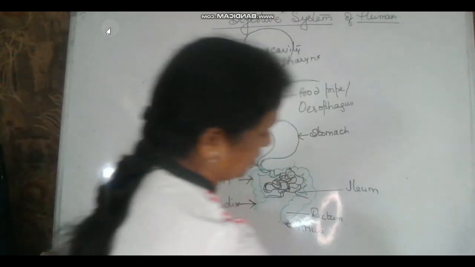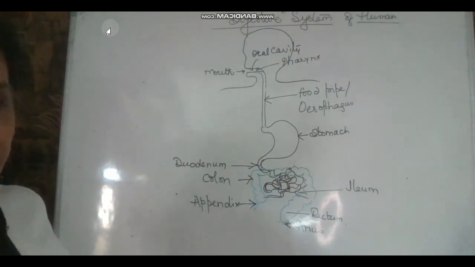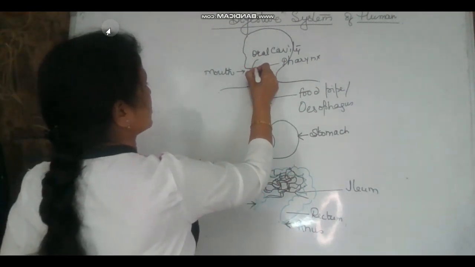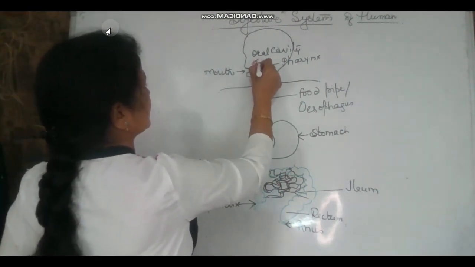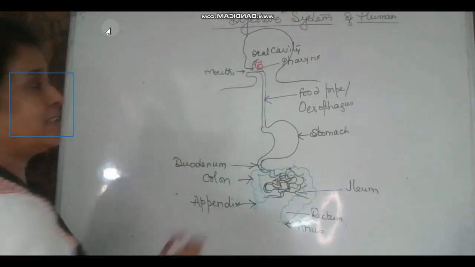Now let us draw the glands which are associated with this. The first gland is salivary gland that opens into buccal cavity. There are 3 pairs of salivary glands.